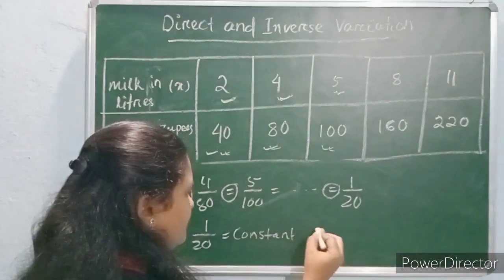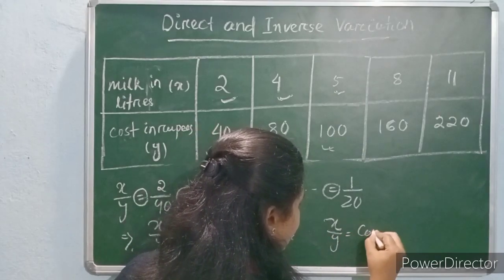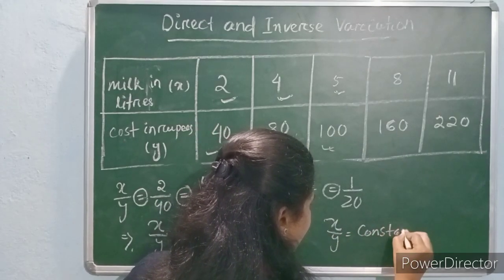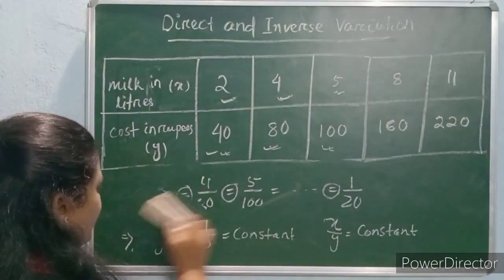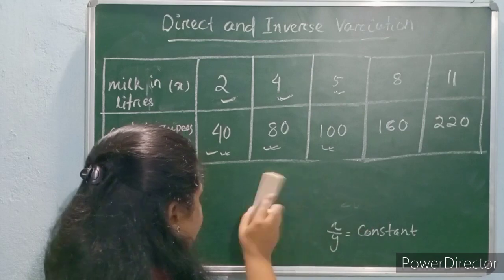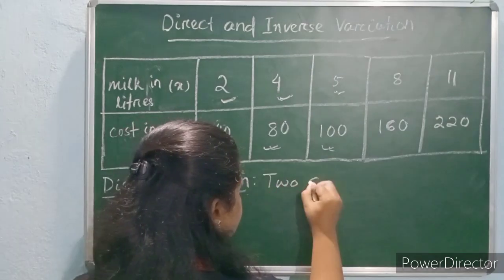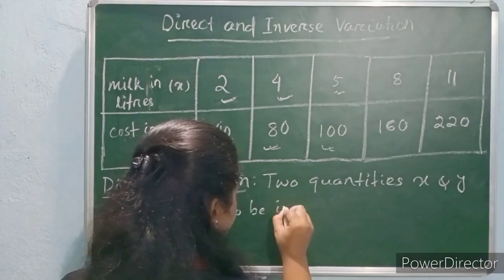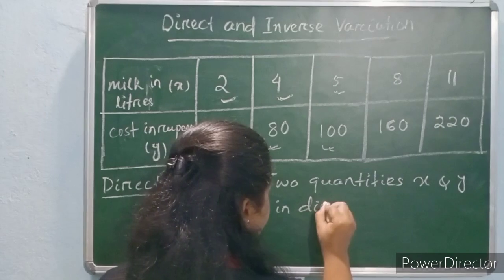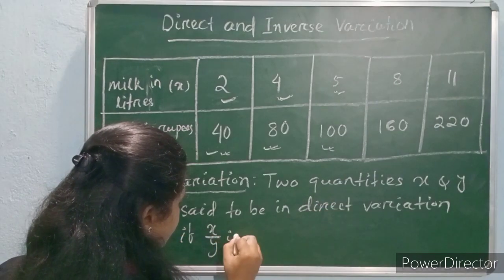So when we get x by y equal to a constant, we say that x and y are in direct variation. So what is the other definition of direct variation? Two quantities x and y are said to be in direct variation if x by y is constant.